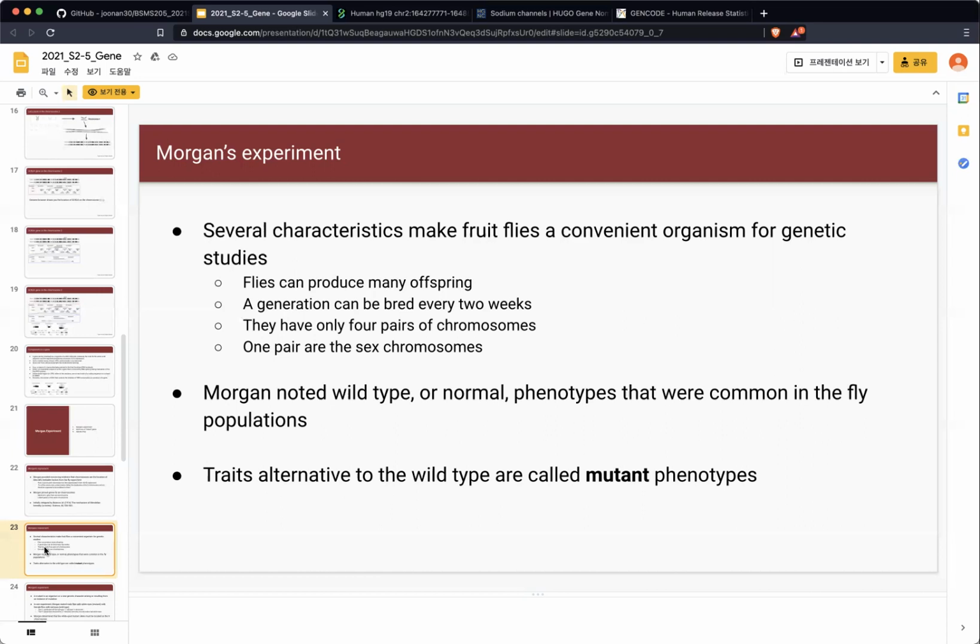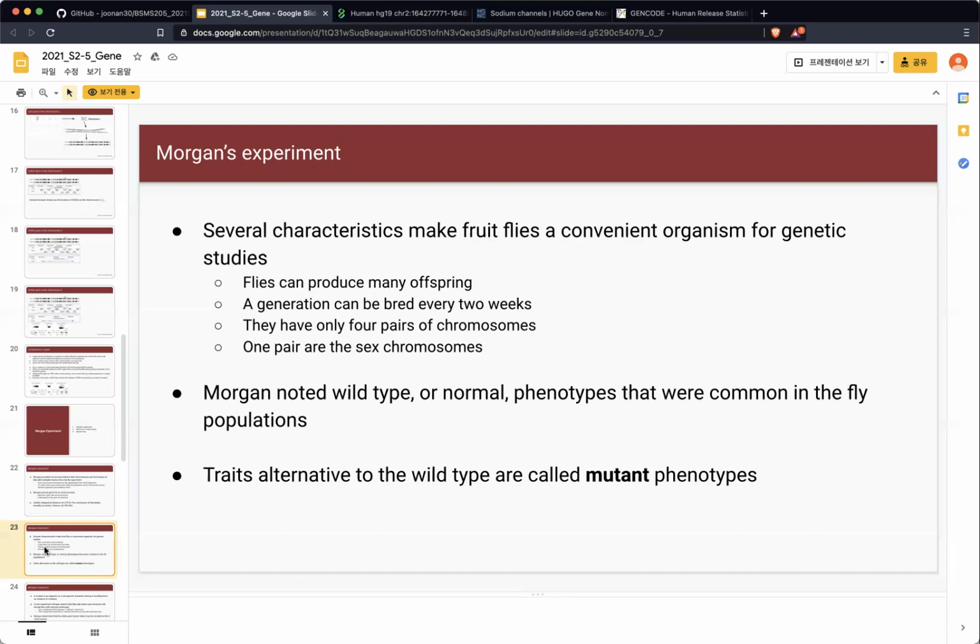So Morgan noted the wild type, or normal phenotypes, that were common in the fly population, and that is the basic assumption: that the wild type is what most individuals in the population have. Then the traits alternative to the wild type, he called mutant phenotypes, right?